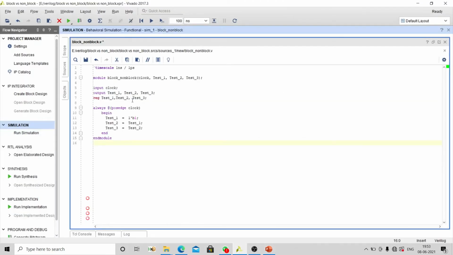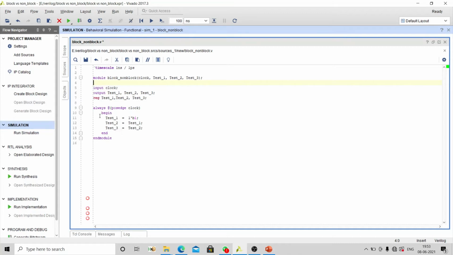So we will take a clear example and discuss that. Observe this small piece of Verilog code. Here clock is my input, and my outputs are test1, test2 and test3.